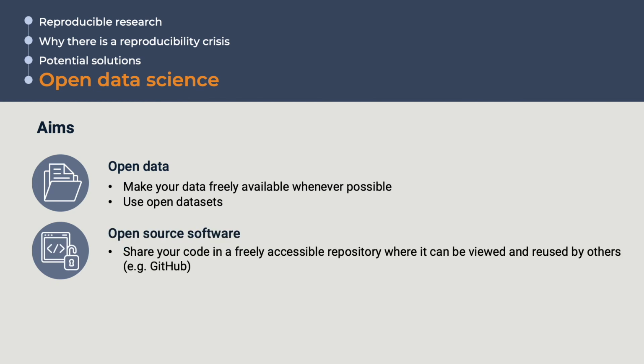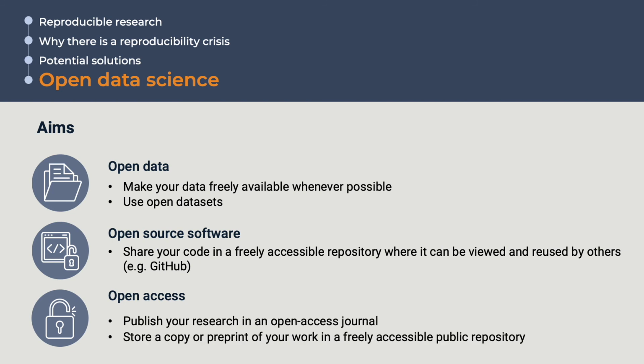We should also share our code in a freely accessible repository such as GitHub, where it can be viewed and reused by others. To enhance the accessibility of our work, we should then publish the research in open access journals, and also store copies or preprints of the work in freely accessible public repositories.